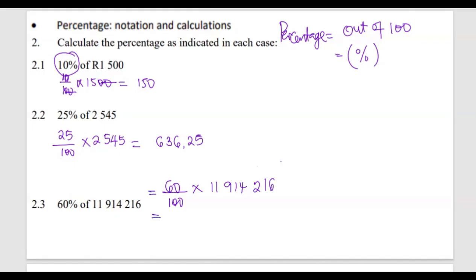So this one simply means we have it as 7,148,529.6. That's the answer there.